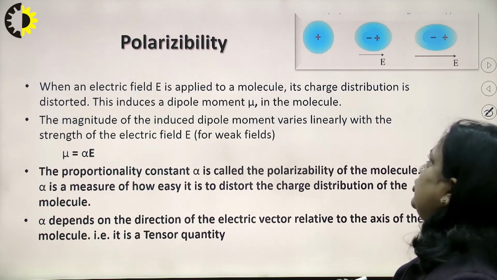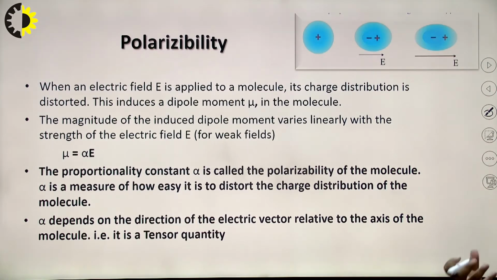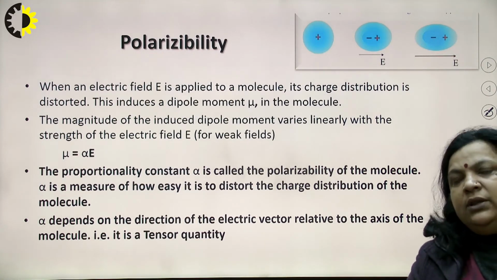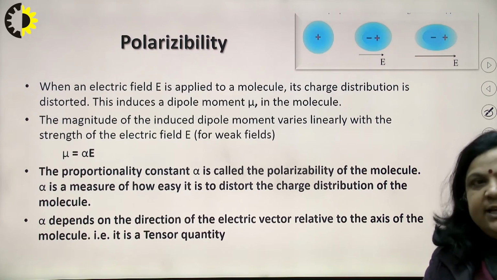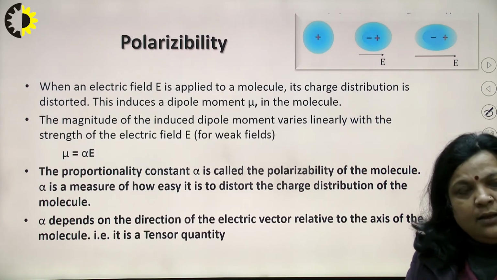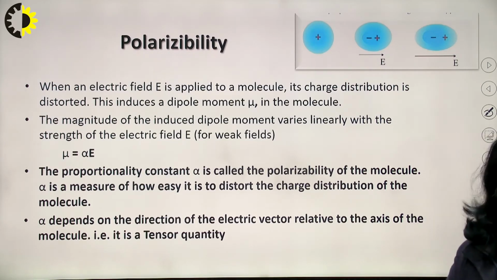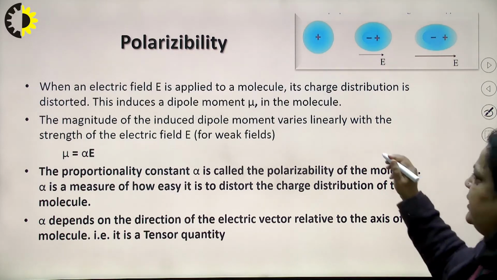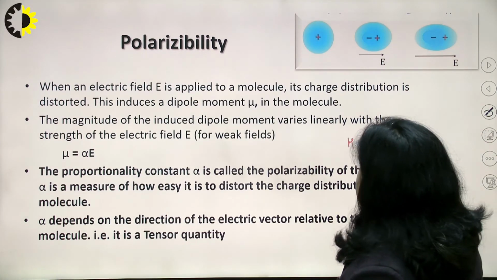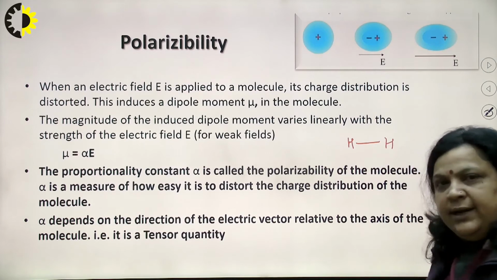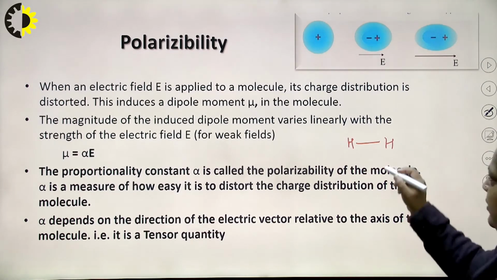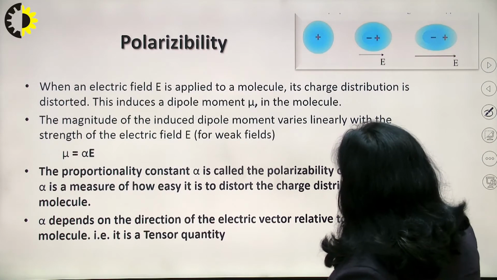The condition to be Raman active is that in the molecule there must be a periodic change in polarizability. Now, what is polarizability? Let me take an H2 molecule like this. Since both atoms are the same and the electronegativity is the same, the electrons are shared.